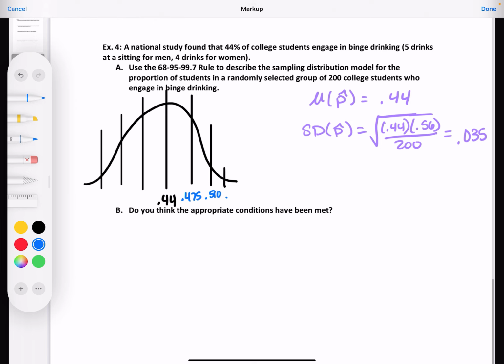I got like 1 something. And then I got 0.545. Why did I have a 1? Did you do 0.475 plus 0.035? I have no clue. So then on the other side it's 0.405.